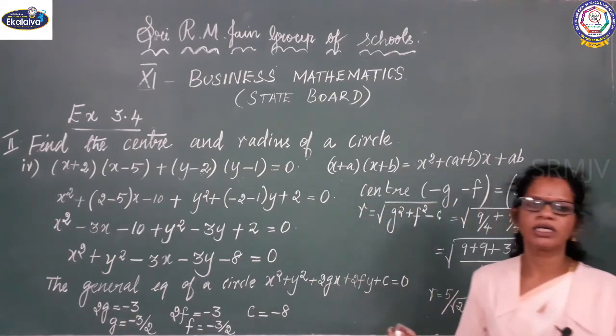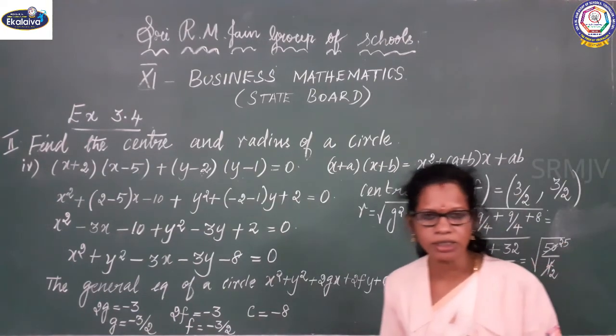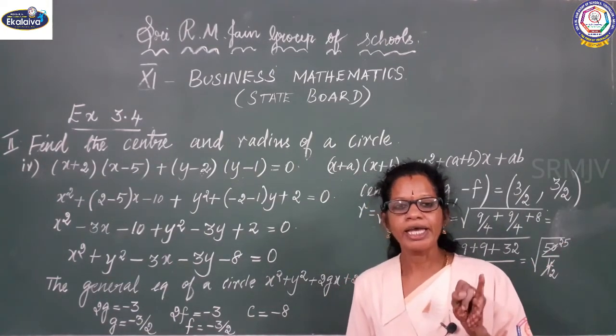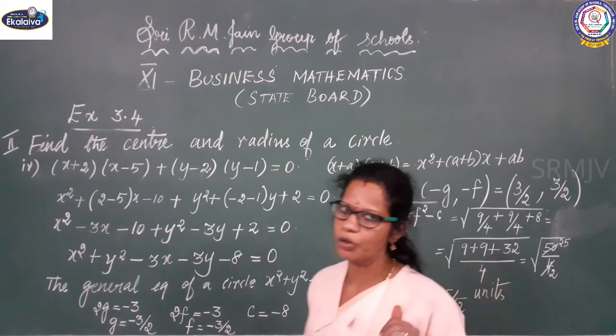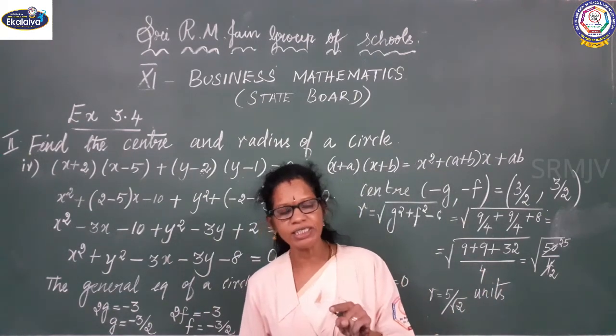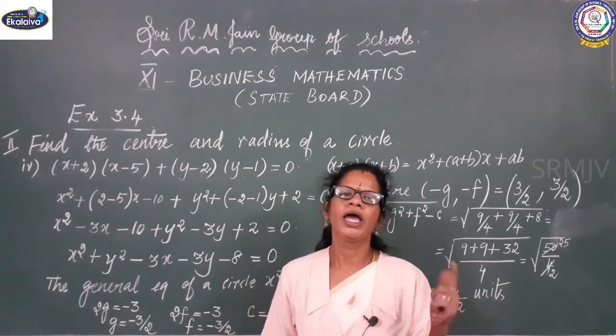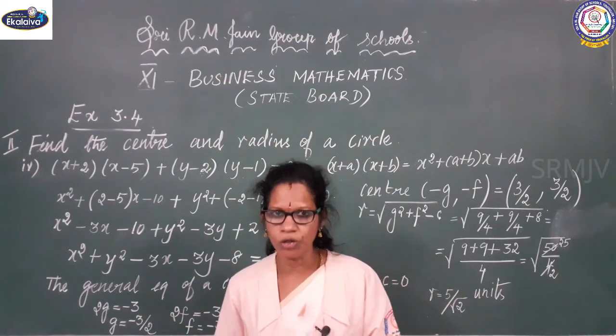If the center is given as (h, k) and the radius, the equation of the circle is (x - h)² + (y - k)² = r². If the center is the origin, as I said, x² + y² = r².